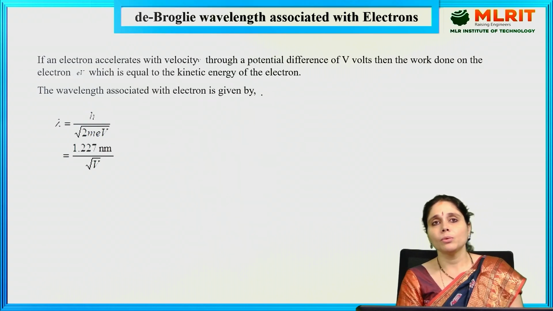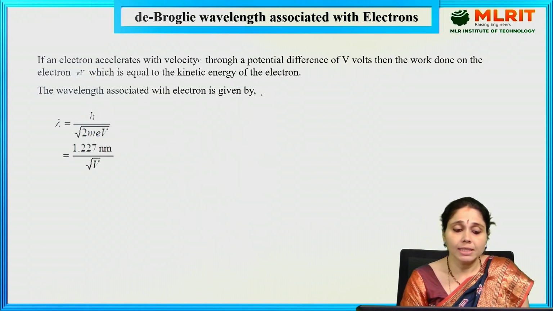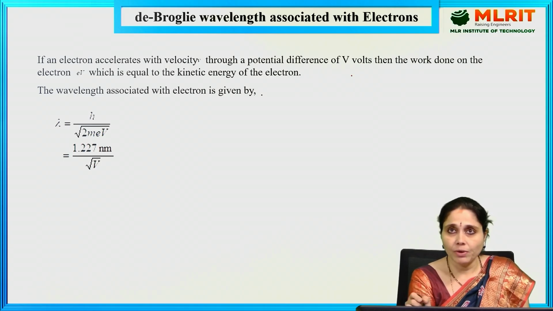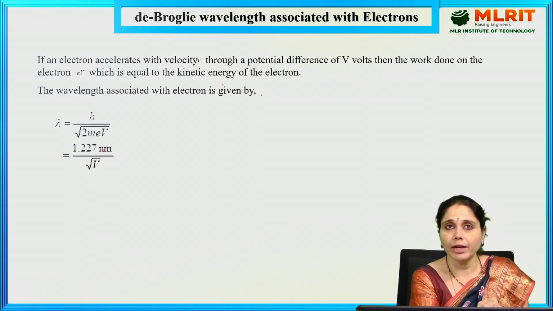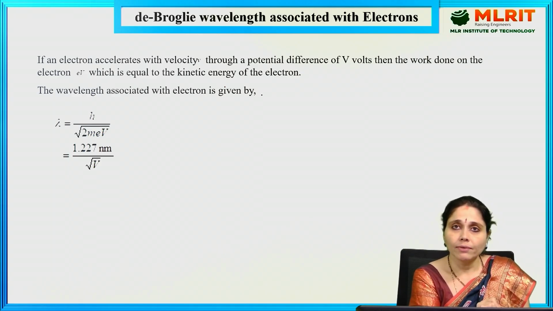Next, if an electron accelerates with velocity v through a potential difference V volts, then the work done on the electron, eV, is equal to the kinetic energy of the electron. The work done is equal to the change in kinetic energy, which we learned earlier, right?